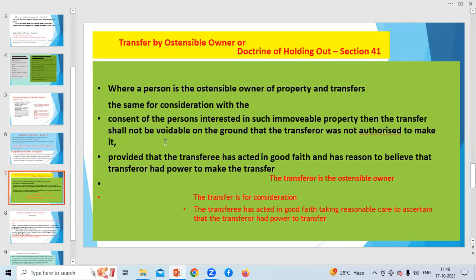This is important: provided that the transferee has acted in good faith, and has reason to believe that the transferor had power to make the transfer. The important points are that the transferor is the ostensible owner, the transfer is for consideration, and the transferee has acted in good faith, taking reasonable care to ascertain that the transferor had power to transfer.